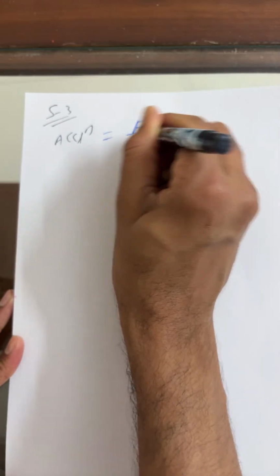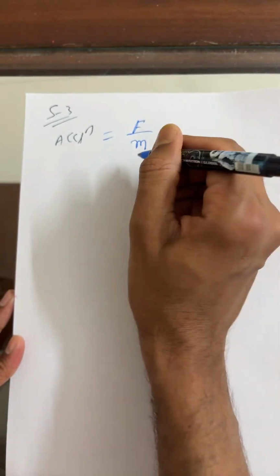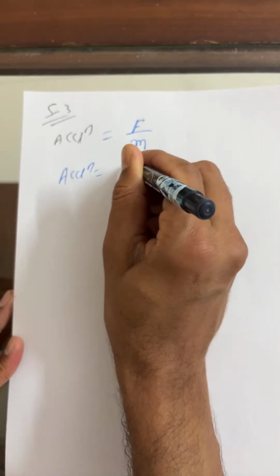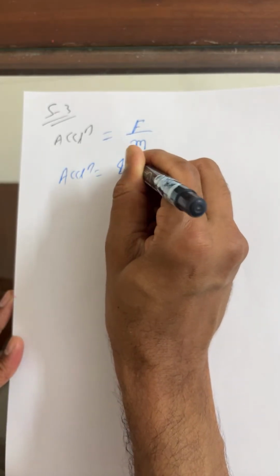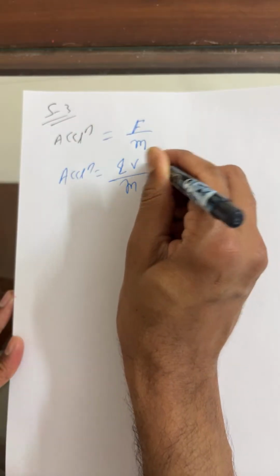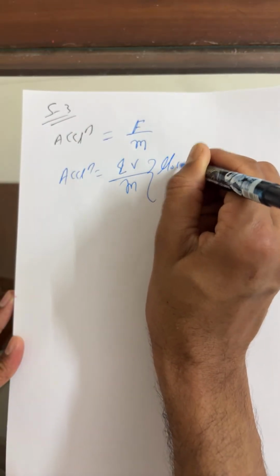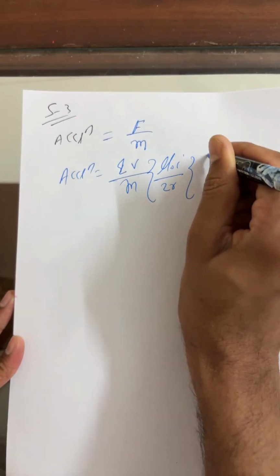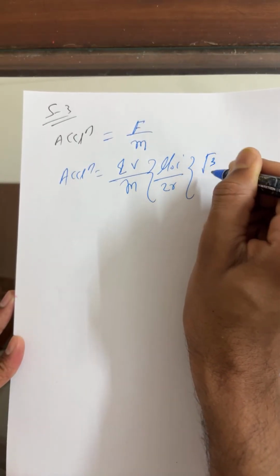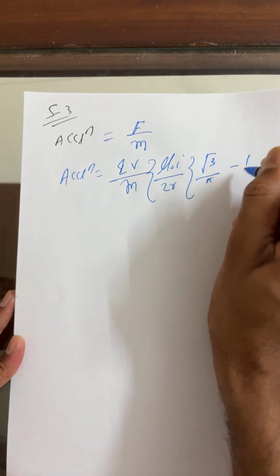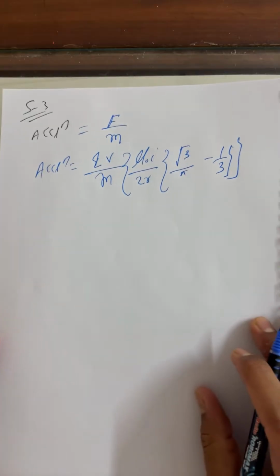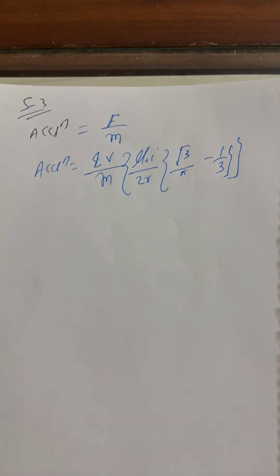You can say it is force per unit mass. The force we just found, QV upon M, times mu naught into I by 2R, root 3 by pi minus 1 by 3, right? So this is the answer for the question here.